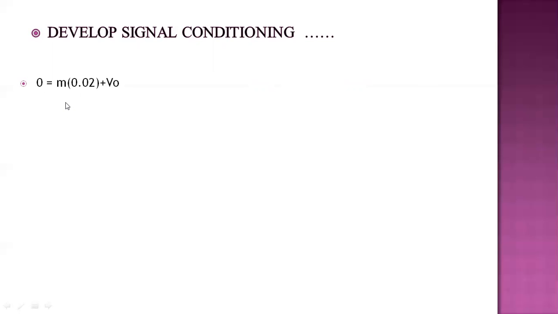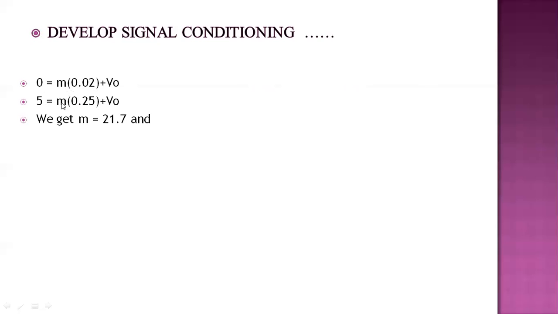As it is given 20 millivolts, you can consider it in volts as 0.02, plus VO. The second equation would be what? If you consider the maximum value, that is 5 volt, in that case the input will be 250 millivolts. So what will we get? 0.25.